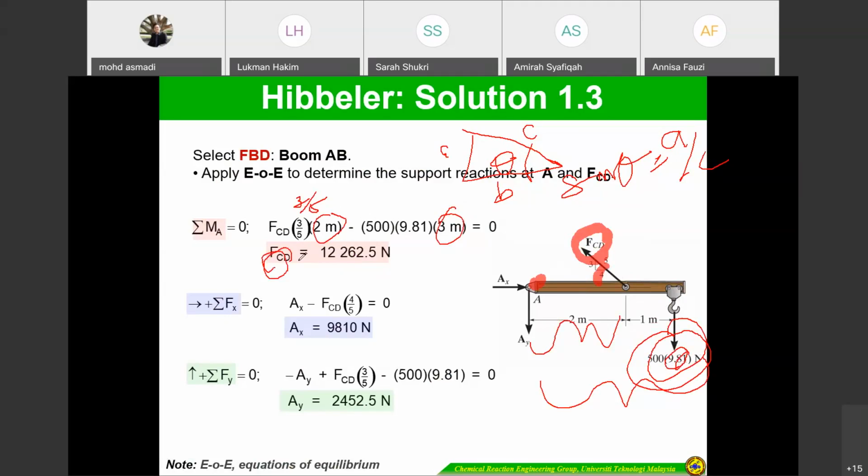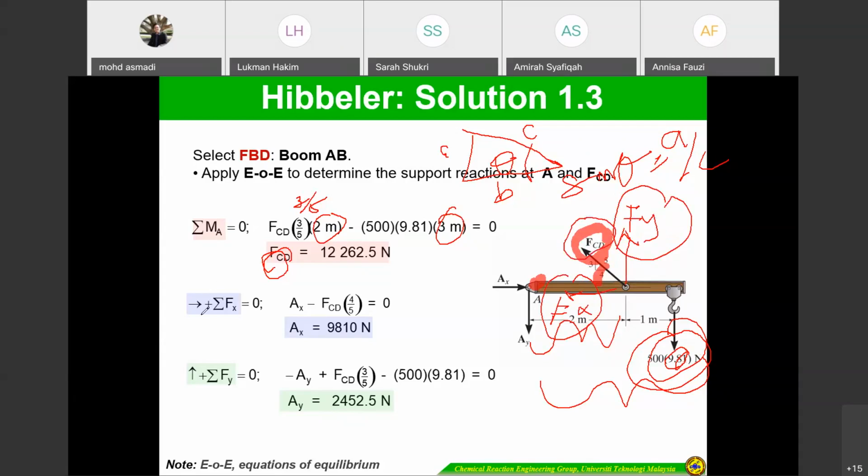Once you determine FCD, resolve the force into Fy and Fx, so you know this force already. After you calculate using moment equal to 0, you can start with either the total Fx or total Fy.